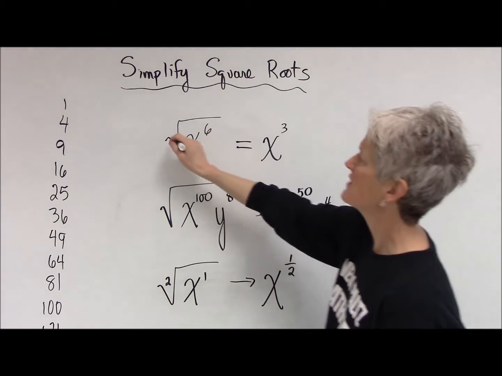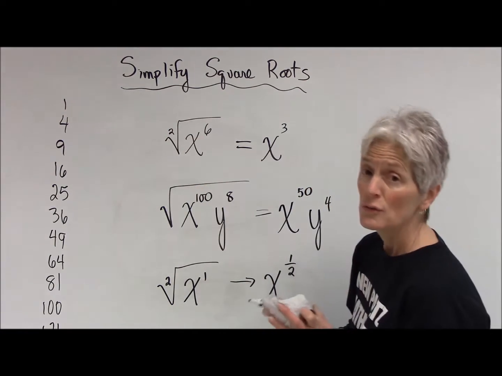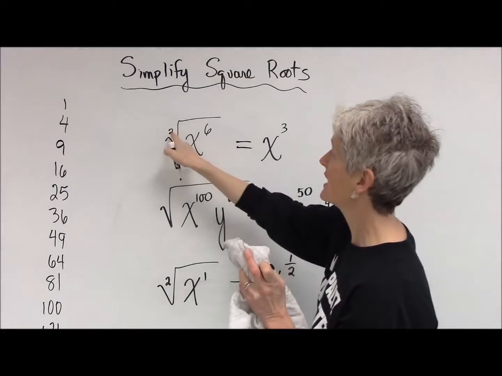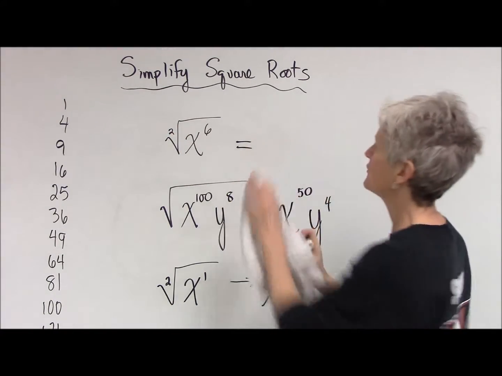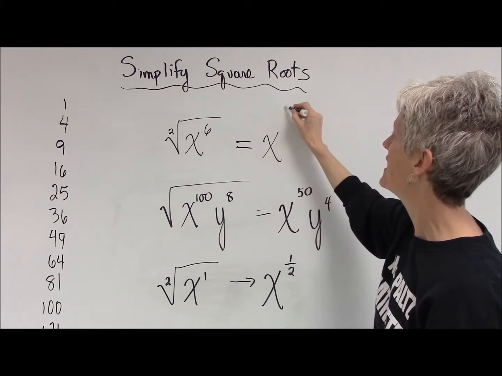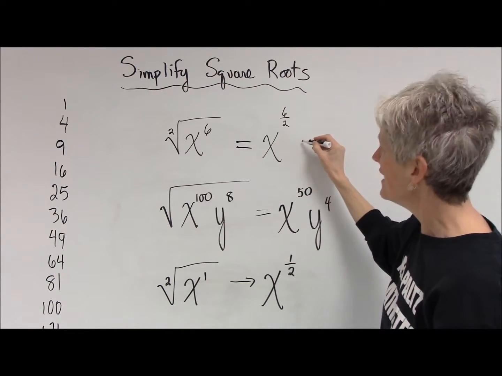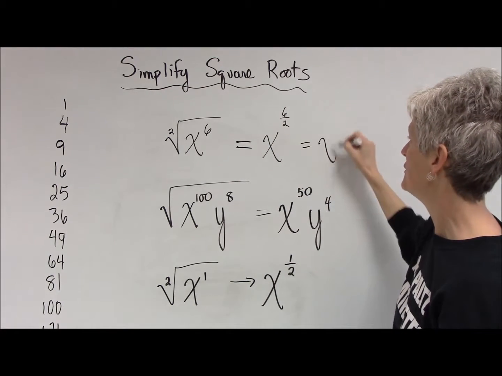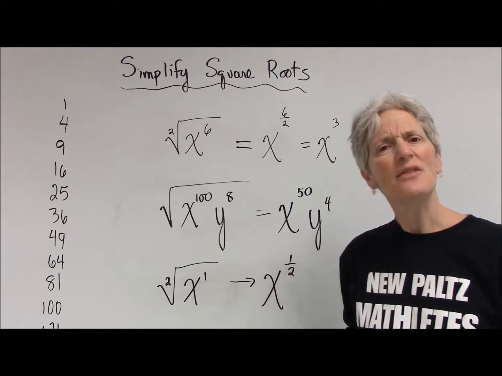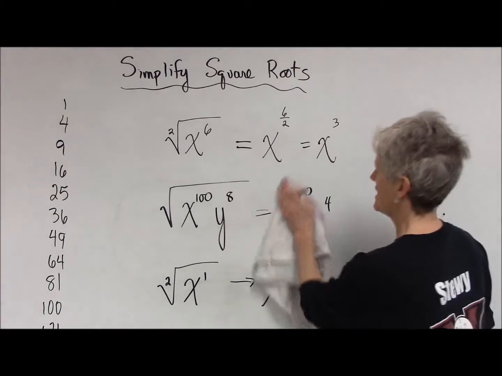X to the 6th, if I have a little index, or sorry, a little root there of 2, I could rewrite that as x to the 6/2. Oh, well, x to the 6th divided by 2 is x to the 3rd. So that's another way you can think about this. Same thing here.